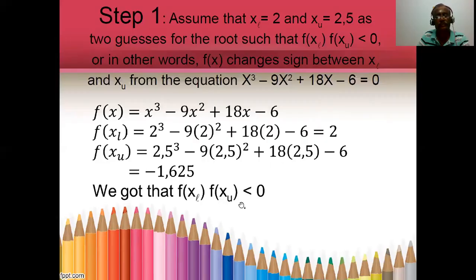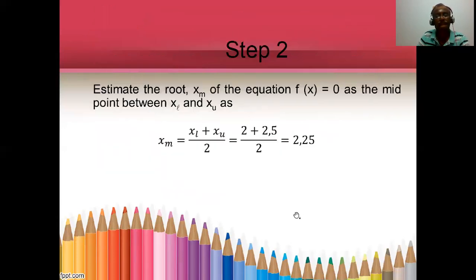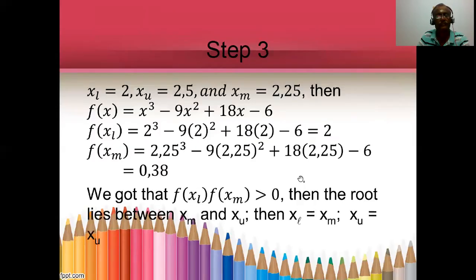So we got that the root is between 2 and 2.5. Now we estimate the initial approximation as 2 plus 2.5 by 2, which is 2.25.